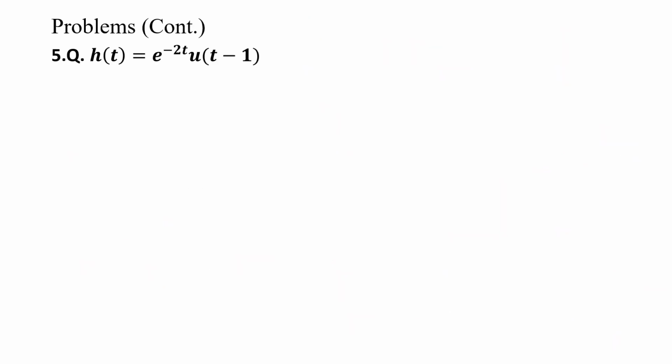Now, the fifth question. Our h of t is e to the minus 2t u of t minus 1. What is the formula? Integration from minus infinity to infinity of mod of h of t dt. It should be less than infinity.